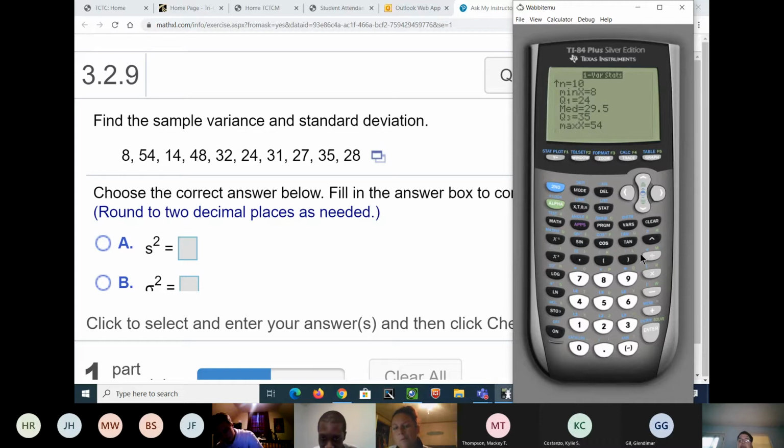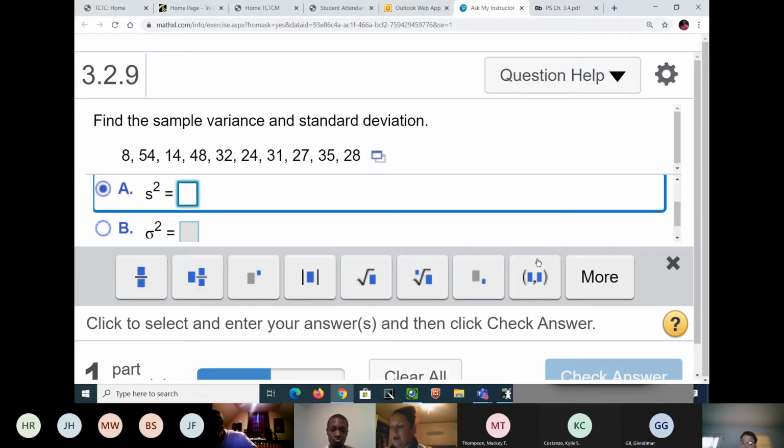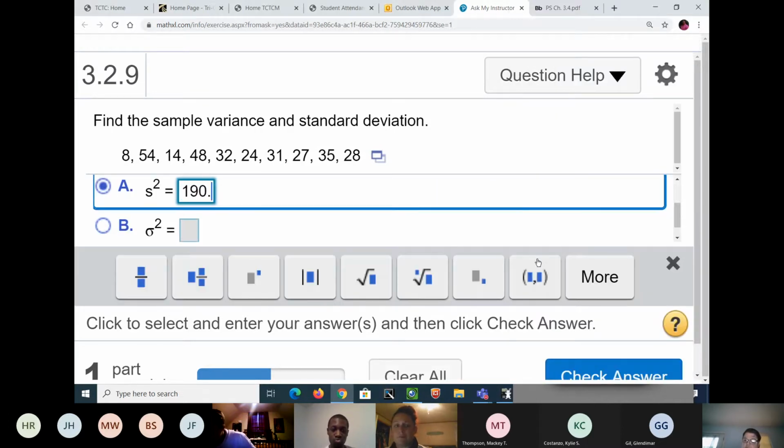So now I'm going to take my handy dandy calculator and take 13.81987 and raise it to the second power. I get 190.99. I don't know what I did wrong. What did you do wrong? Type in something wrong?